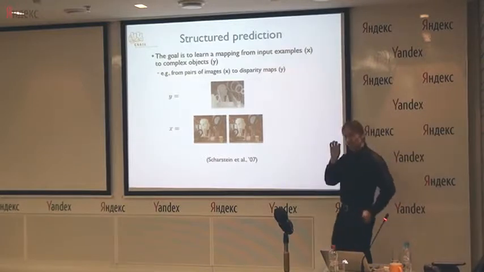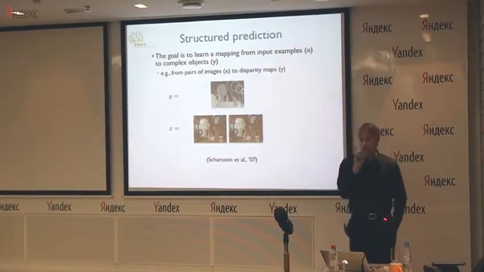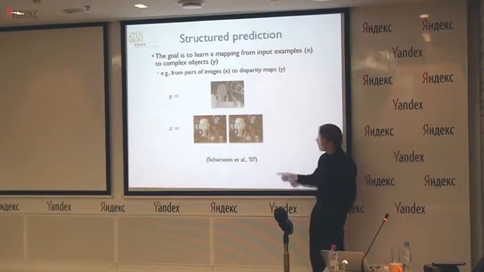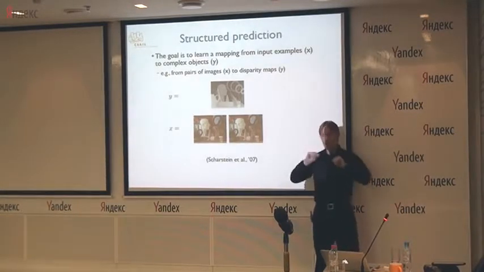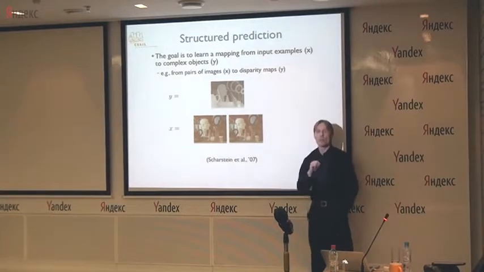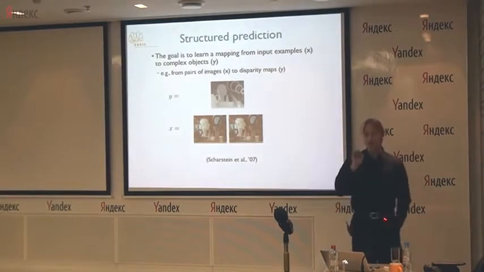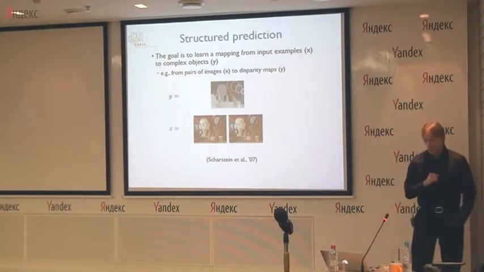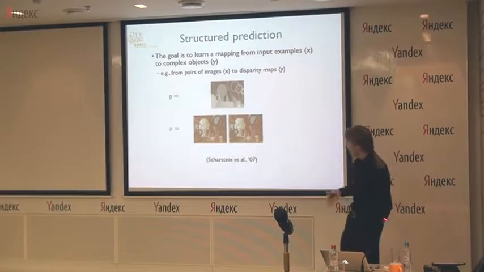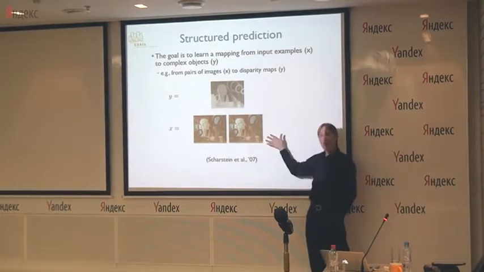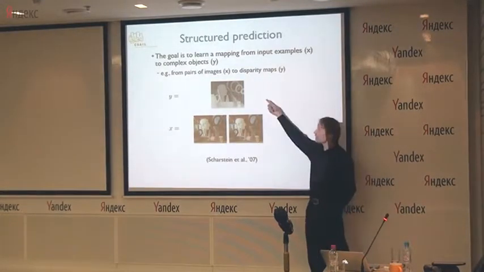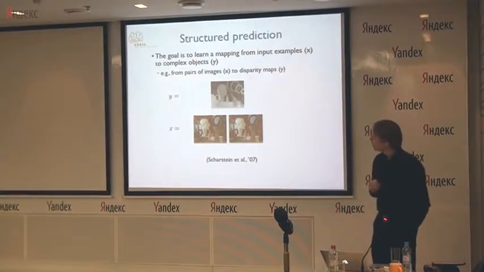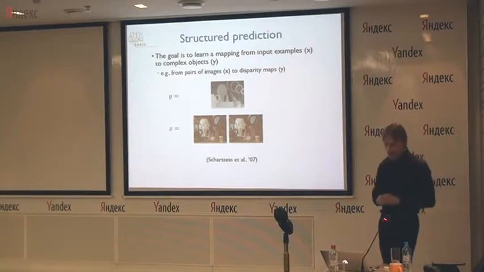As a result, there's some disparity in the locations of the pixels, and that disparity combined with the image locations allows you to reconstruct what the depth of each pixel might have been underlying those two images. All right, so the input in this case is the pair of images, and the output that you're trying to predict would be a disparity map or the depth field over the image.